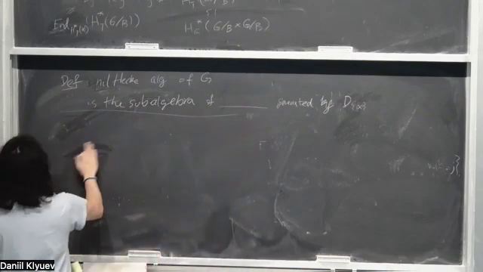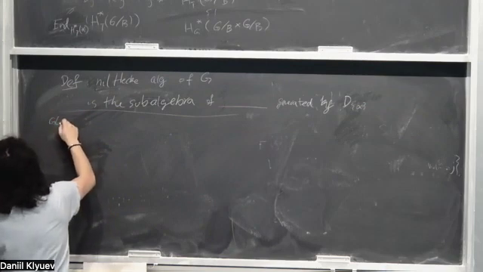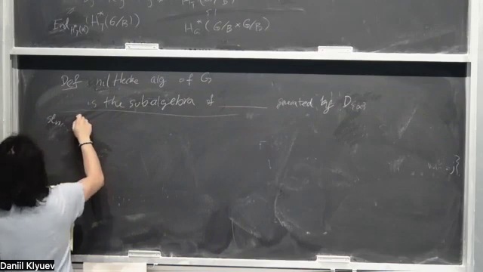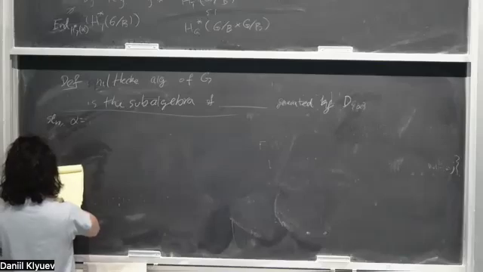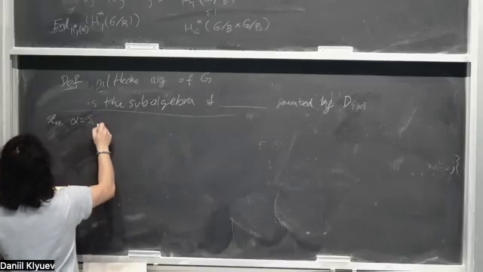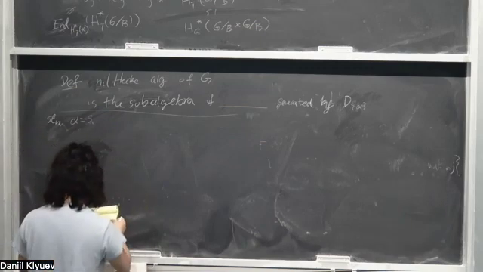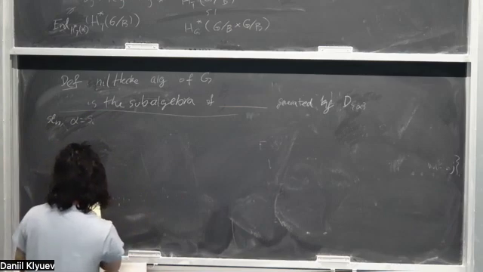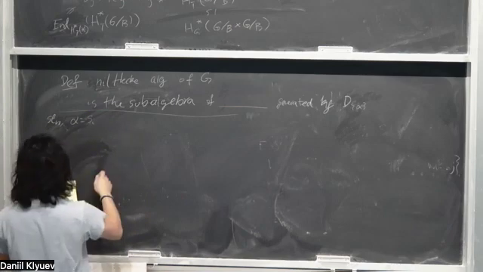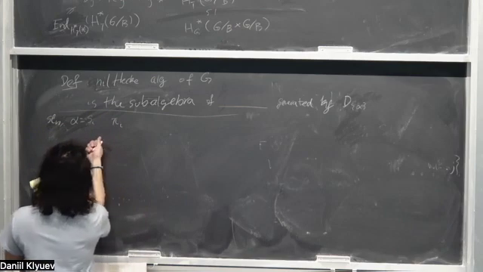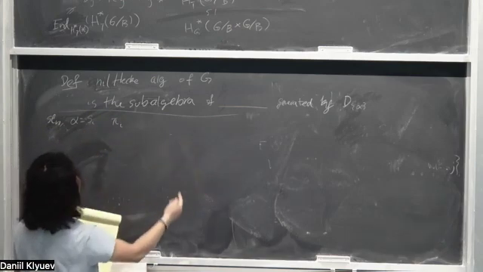Okay, so now let's focus on the SL_N case. That's what I did in my notes, not sure why. Let's just take alpha equal to some simple reflection, some transposition. Or, if you want to keep an example in mind, just 1, 2.